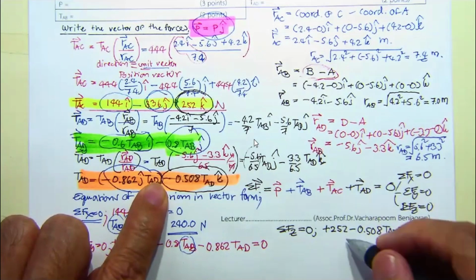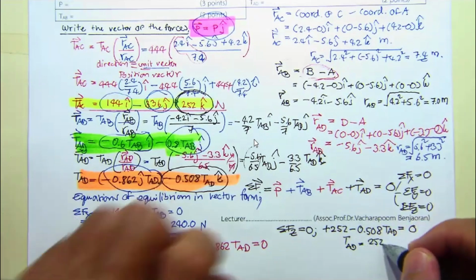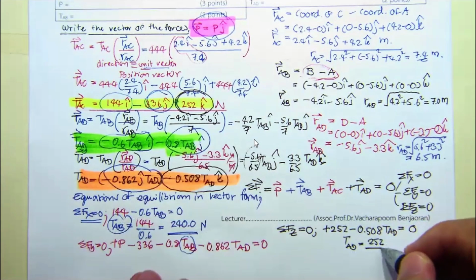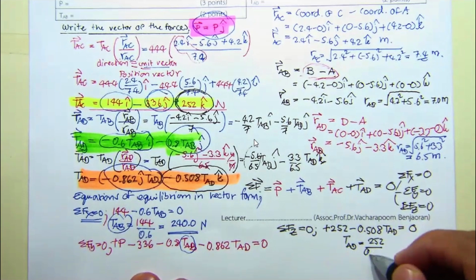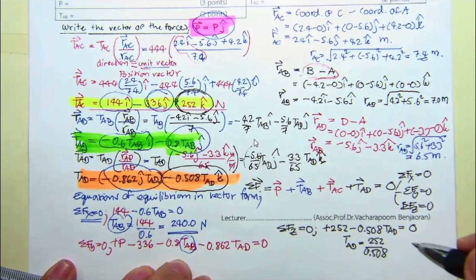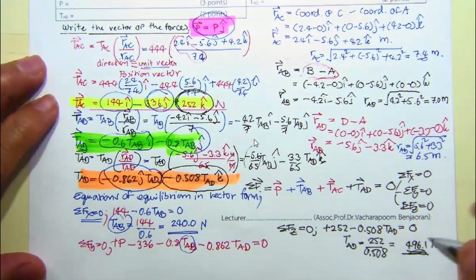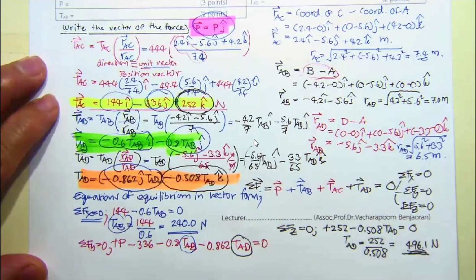You like it. T sub AD equal to 252 divided by 0.508. Okay. And then what you get, just put it in your calculator. That's going to be 496.1 Newton. You get the second one already. Now, you got T sub AD.